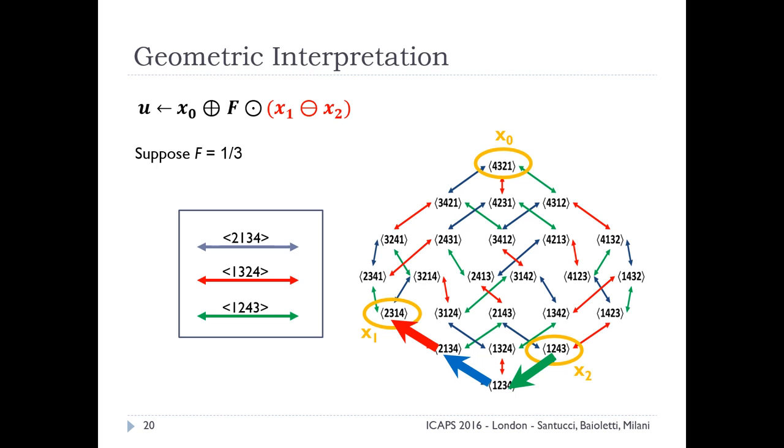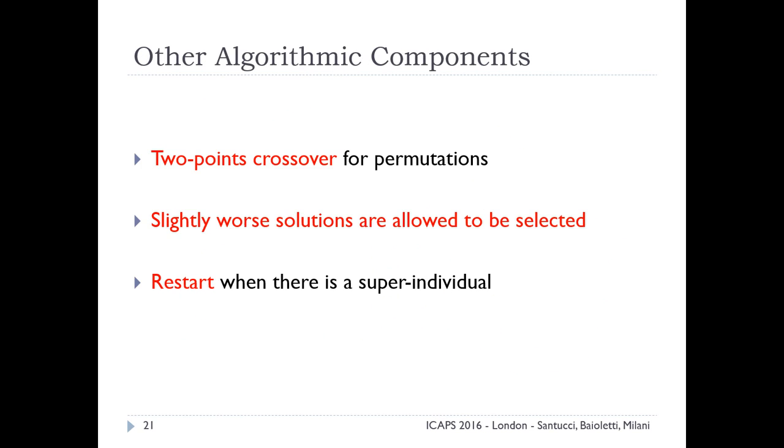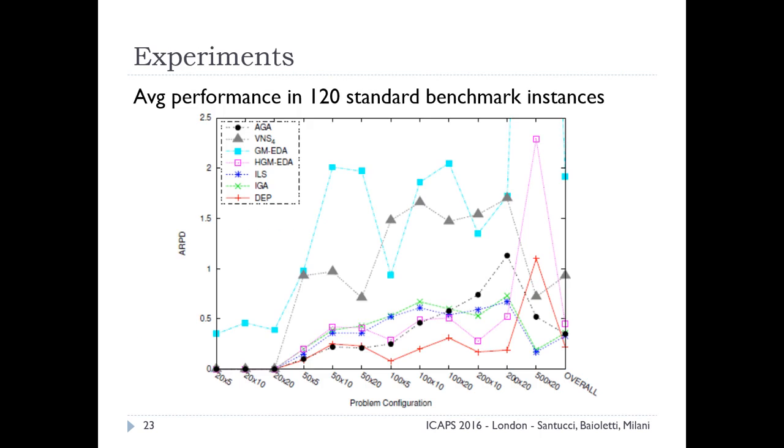We truncate the decomposition, so we remove the last arc, and at the end we apply this permutation to x0, and we move to the mutant u. There are also other algorithmic components, but for the sake of time I skip this slide.